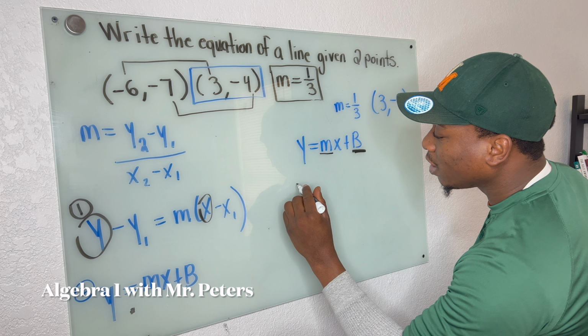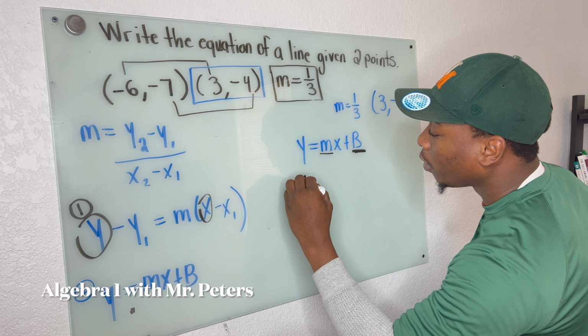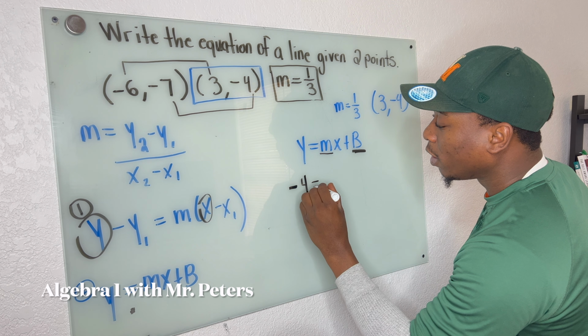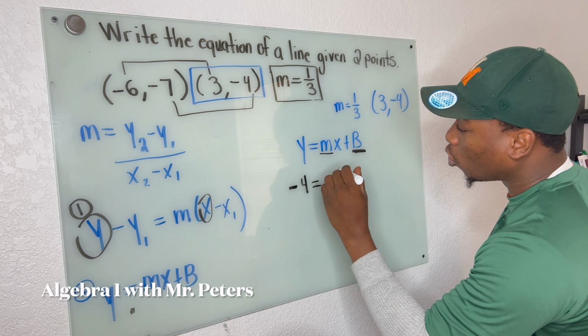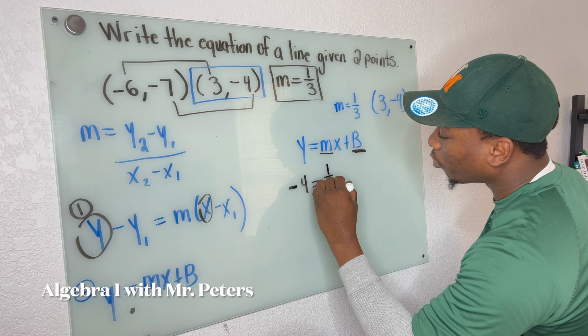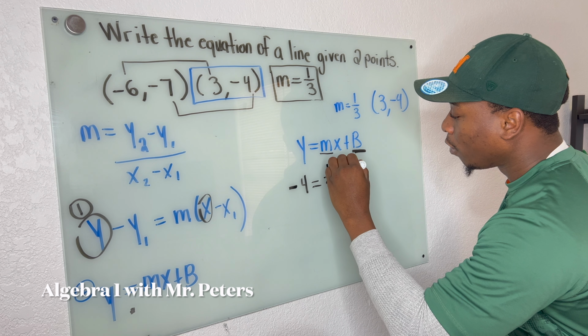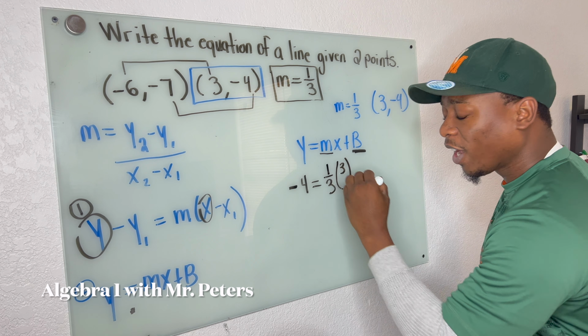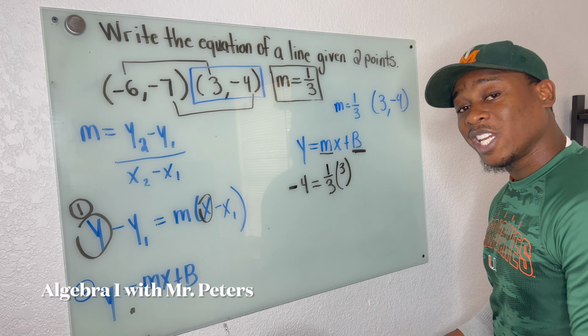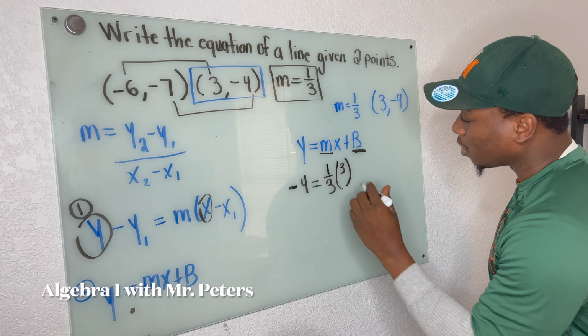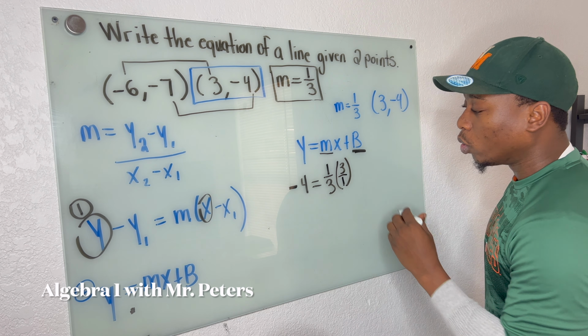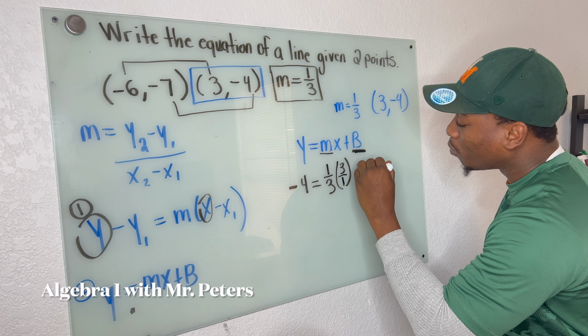So we know y is equal to -4. So -4, right, is equal to our slope 1/3 times x, which is 3, right? And I'm going to make 3 a fraction just to make the multiplication easier for us to see. We have 3/1 plus b.